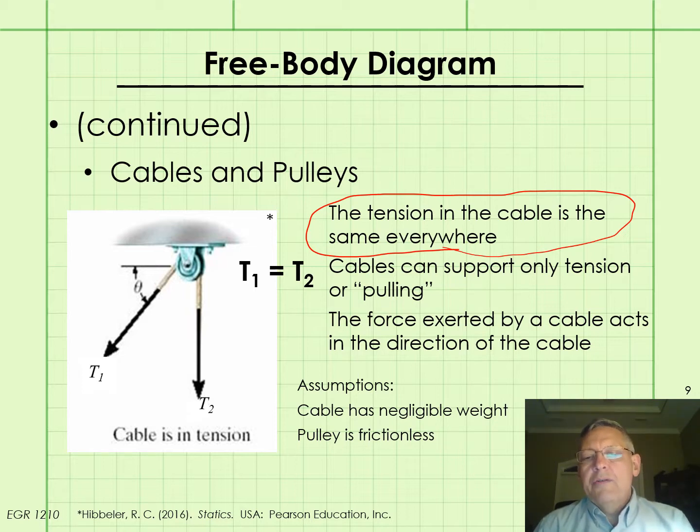And the force exerted by the cable acts in the direction of the cable. Now, assumptions that we're making when we make these statements are that the cable has negligible weight and any pulleys that the cable travels over are frictionless.